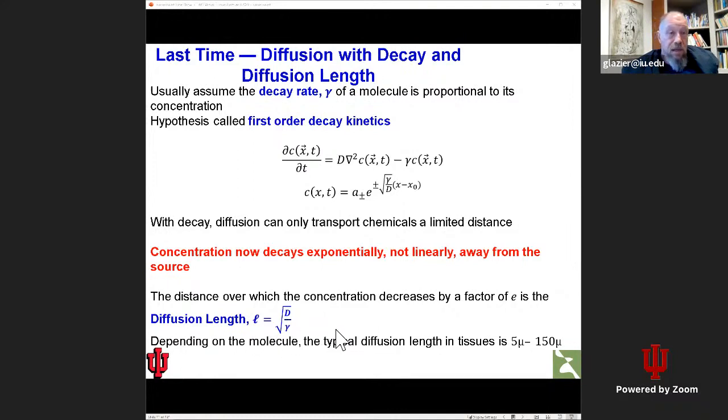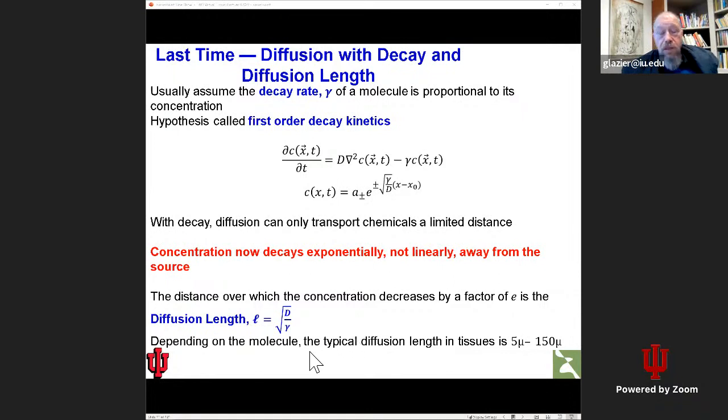And the diffusion length is probably the single most important determinant of how biological systems work. It determines the spacing between our blood vessels. It determines the size of cells. It determines almost all length scales in biological problems.